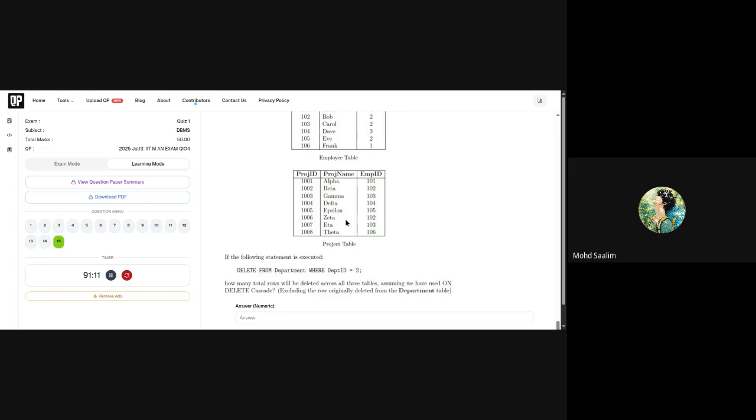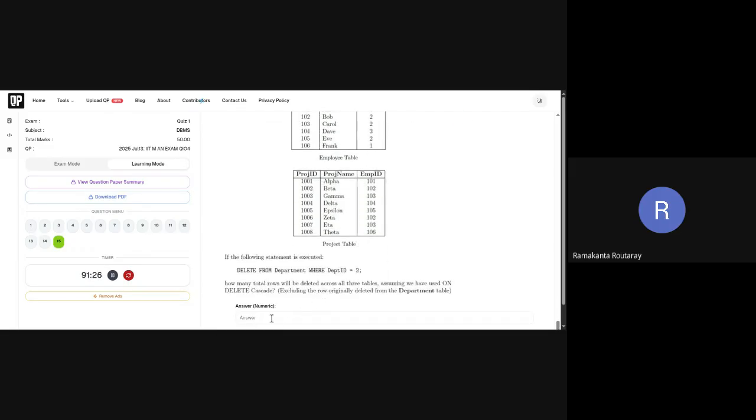You can see department ID is here, and employee ID is here. If you take department 2, there are 3 instances: Bob, Carol, and Eve. So 3 rows will be deleted.